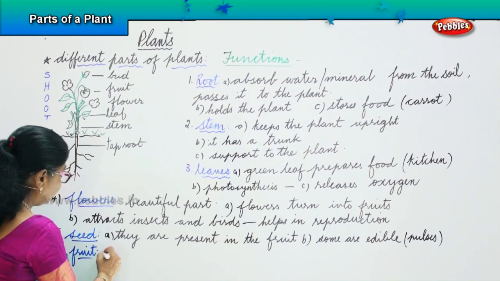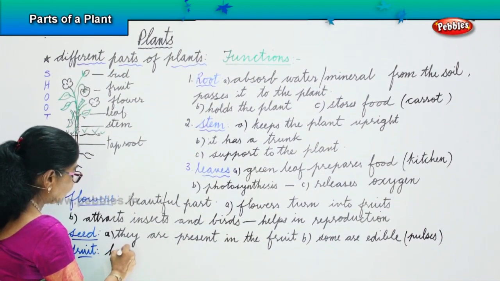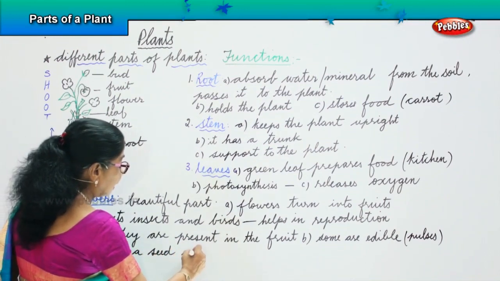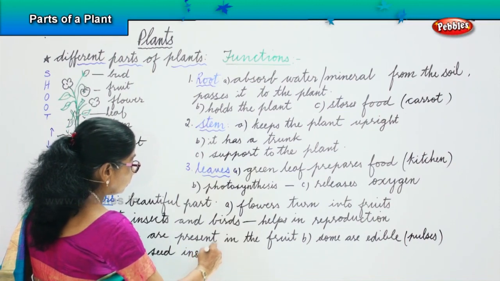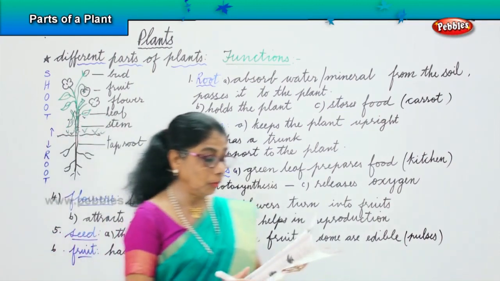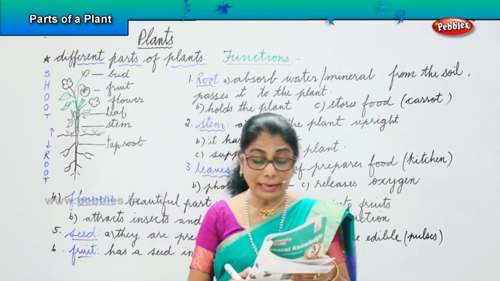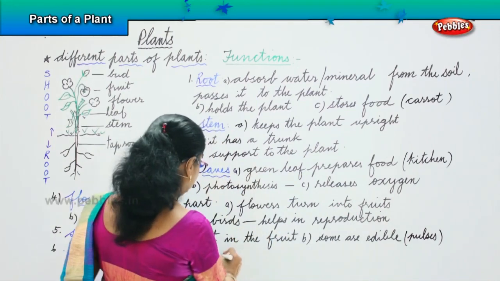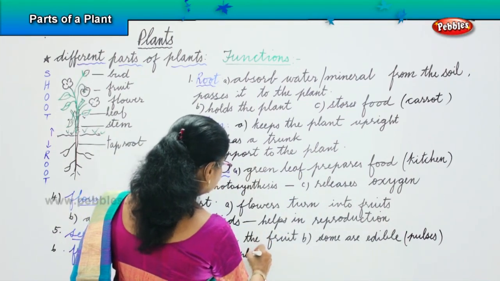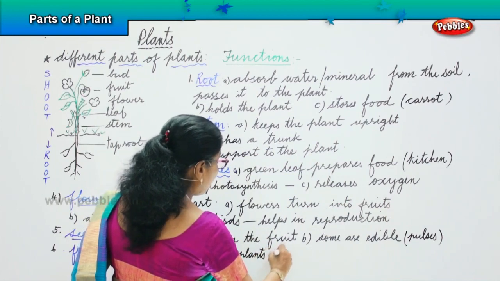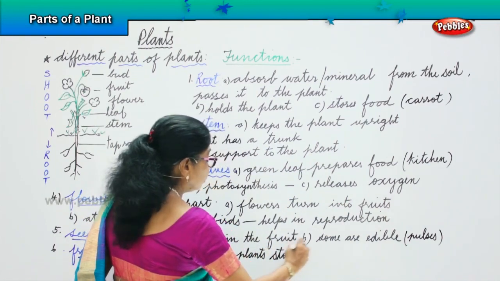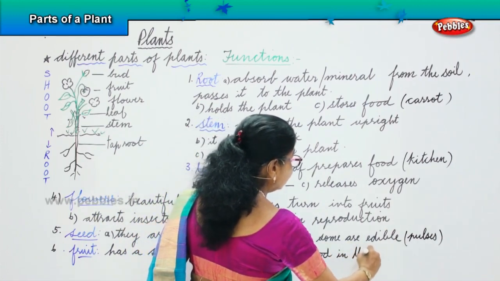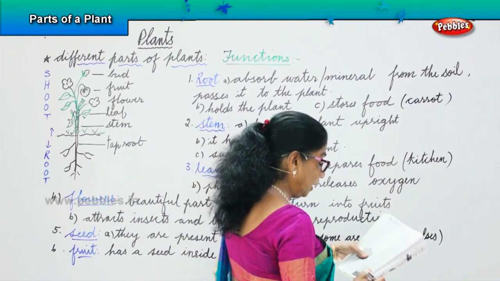Where is the fruit? The fruit has a seed or many seeds inside. Then, generally, plants store food in the fruit.